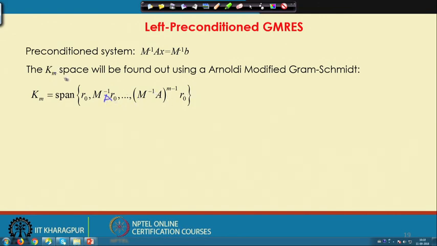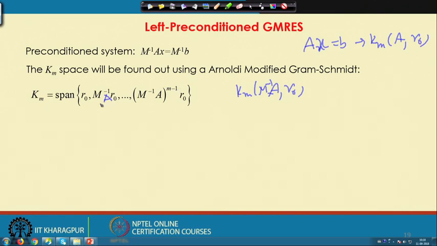So, instead of finding K m for A and r naught, this will be K m of M inverse A and r naught. For A x is equal to b, we use the Krylov subspace of A and r naught. Now, as we are solving M inverse A x is equal to M inverse b, we will use the Krylov subspace of M inverse A and r naught. So, this will be r naught, M inverse A r naught, up to M inverse A to the power m minus 1 r naught.